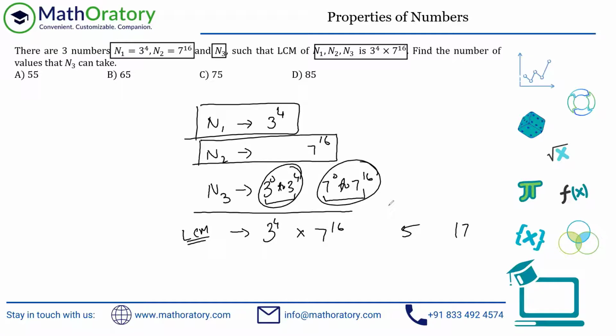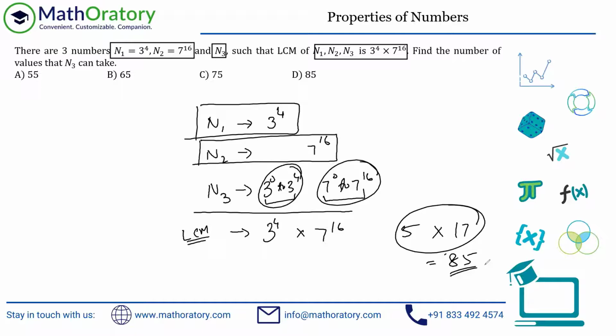You pick up 3 to the power 1, again for each power of 3 you can take 17 powers of 7. So for each of them you're getting 17 possibilities. So for 5 of them you should have a total of 5 into 17, that is 85 different possibilities for N3. It was a very straightforward question.